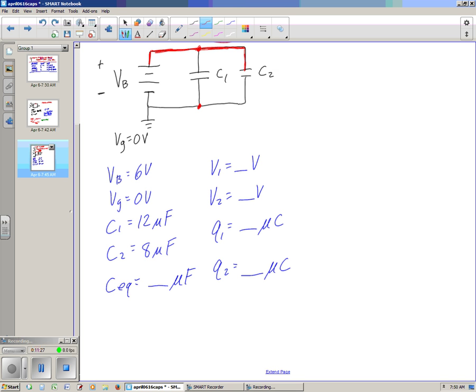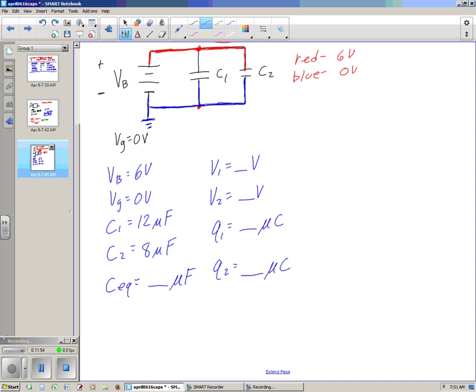The bottom part is black, but that won't show up as well, so I'm going to make it blue. So all of this stuff down here is attached to the negative terminal, and it would be at a voltage of 0. So the red would be 6 volts. The blue would be 0 volts.